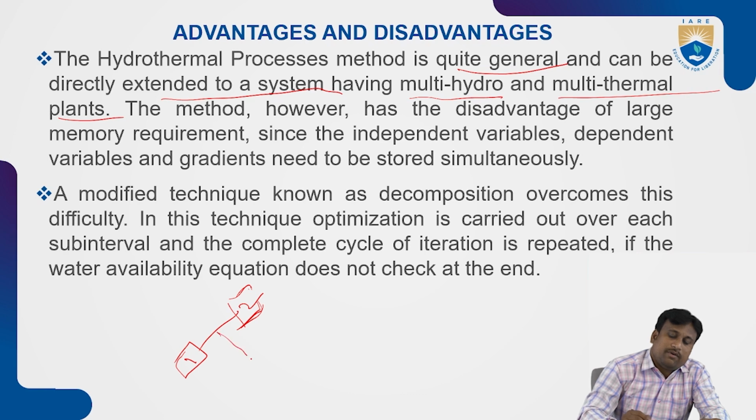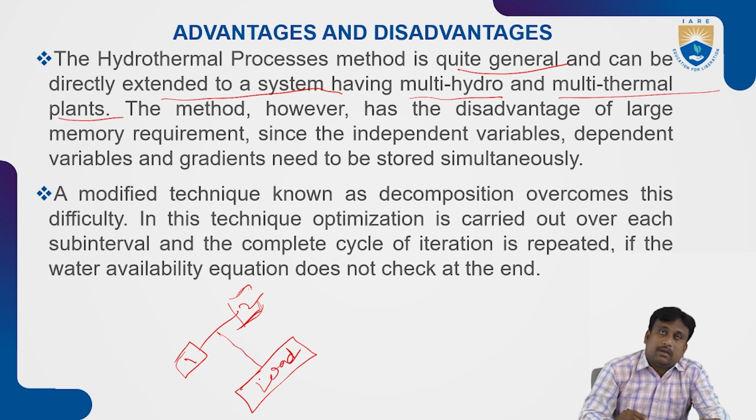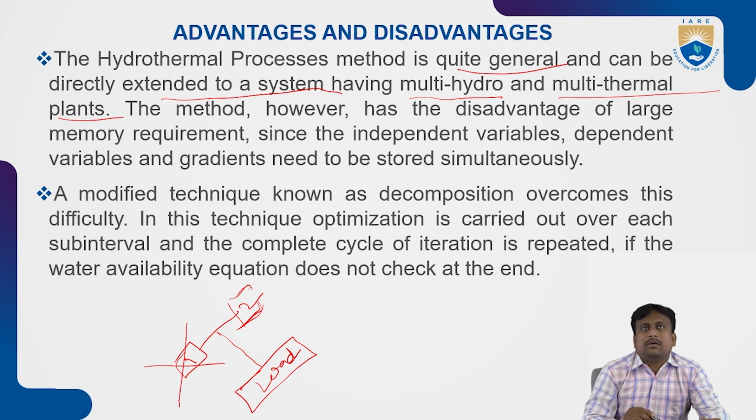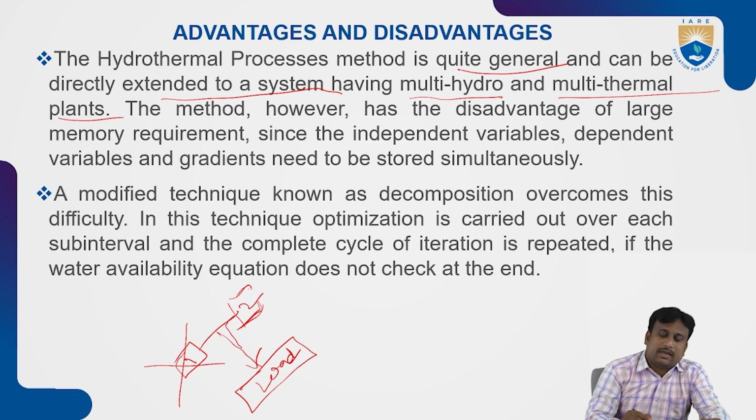When these plants are connected to a common load, and any one of the plants fails to supply the power to the load, then immediately the other is ready to feed the power to the load.